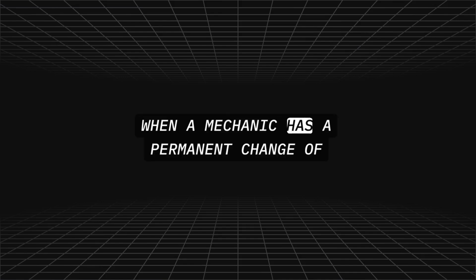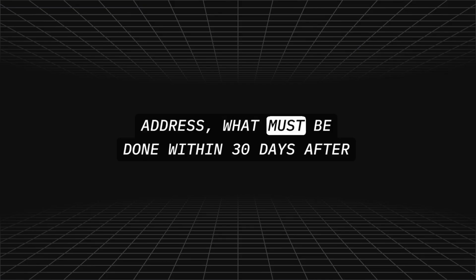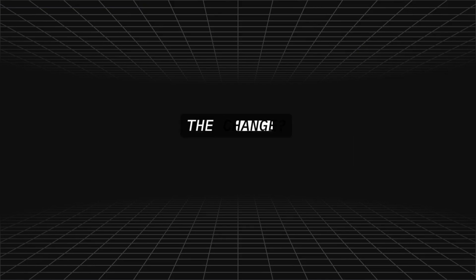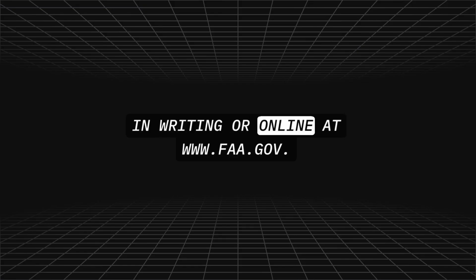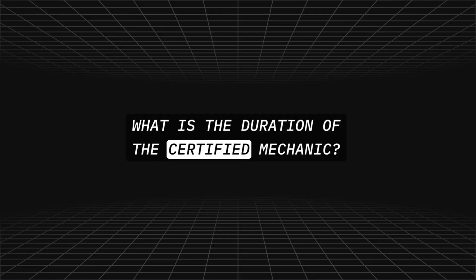When a mechanic has a permanent change of address, what must be done within 30 days after the change? They must notify the administrator of the FAA in writing or online at www.faa.gov. What is the duration of a certified mechanic certificate?